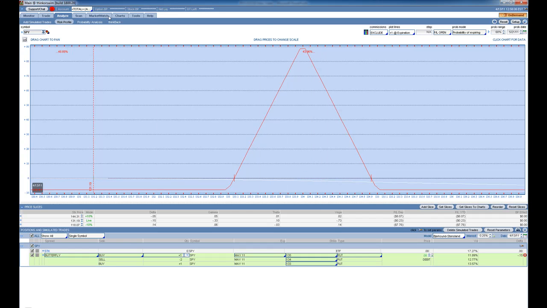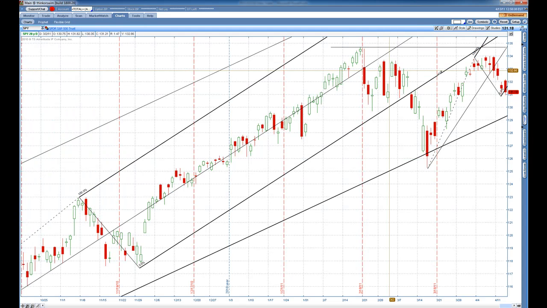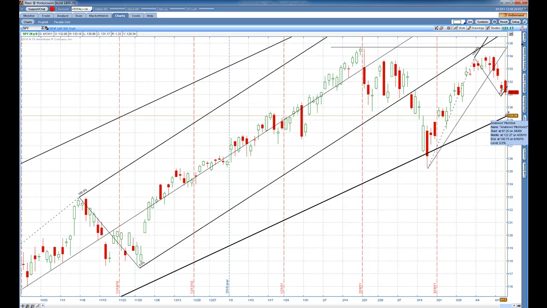So if we go back to our chart, 133 and 135, we're looking right in this range that the SPY needs to close in by expiration for us to make a profit on this trade. But there is always a possibility that it could end up below that range. It could go in here. It could even drop down to this lower pitchfork support level.